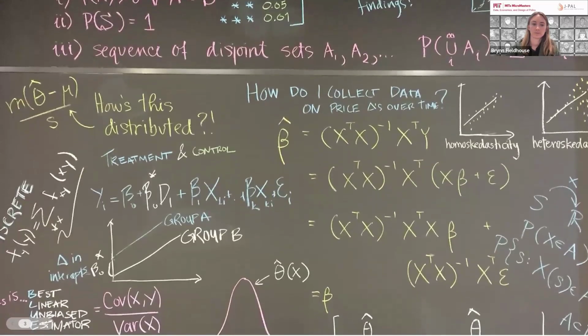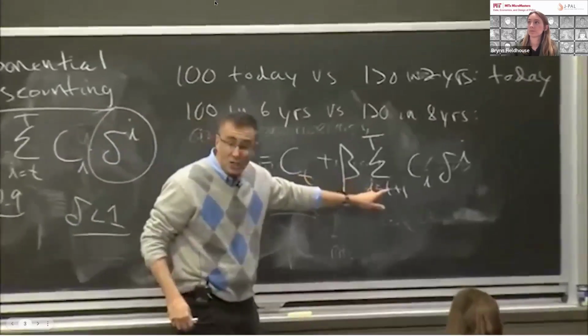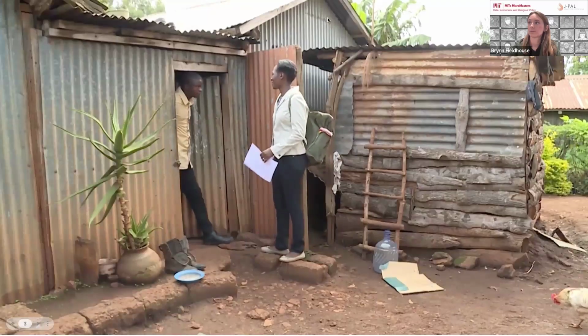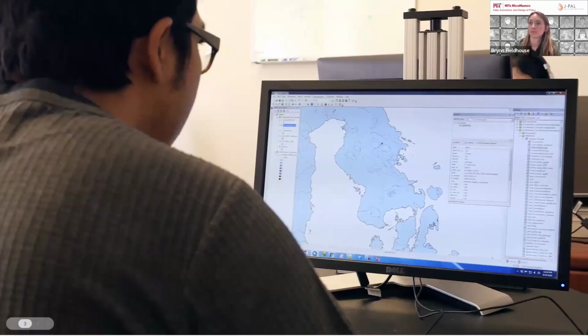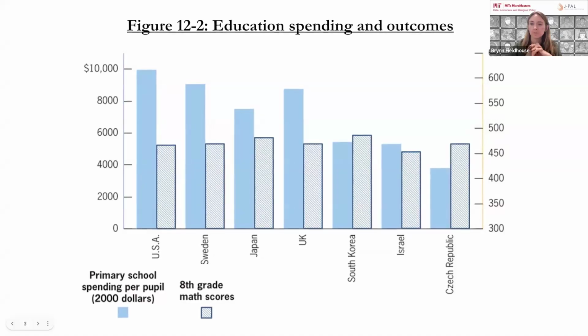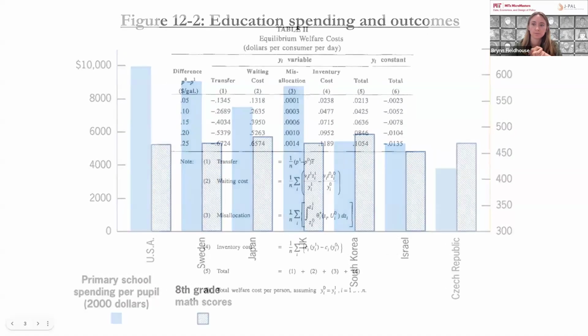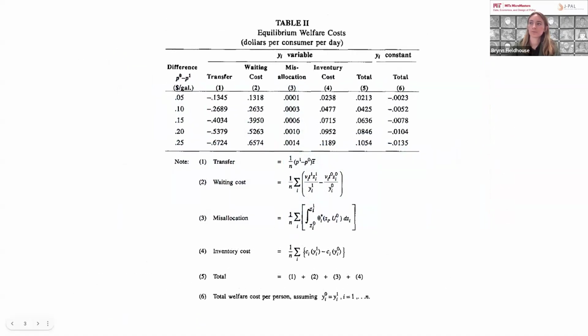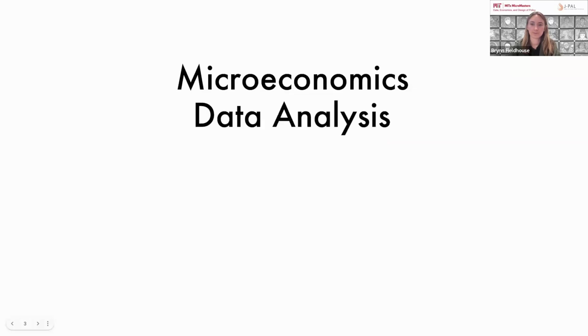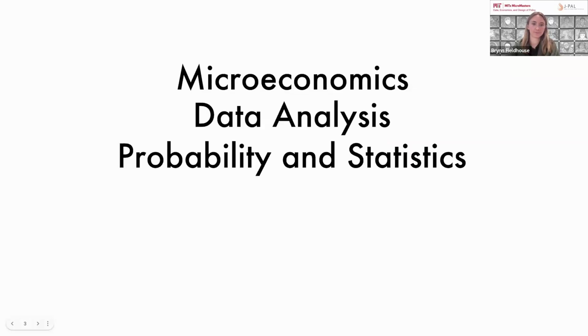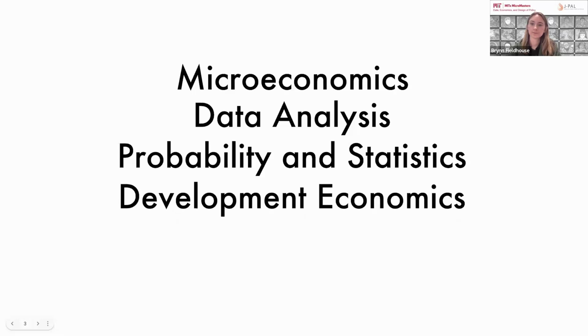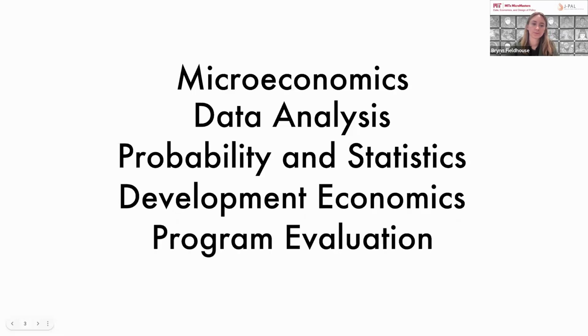The content in each DEDP course balances theoretical knowledge with practical skills, combining tools in program evaluation and policy design with a deep understanding of the economic and mathematical principles behind them. Taken together, these courses provide a rigorous foundation in microeconomics, data analysis, probability and statistics, development economics, and program evaluation.